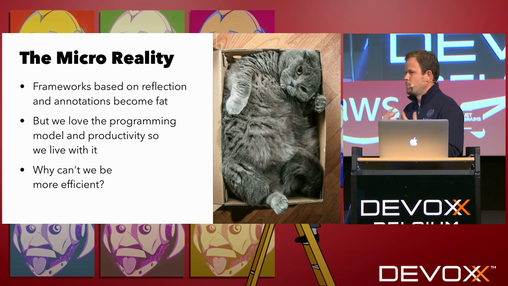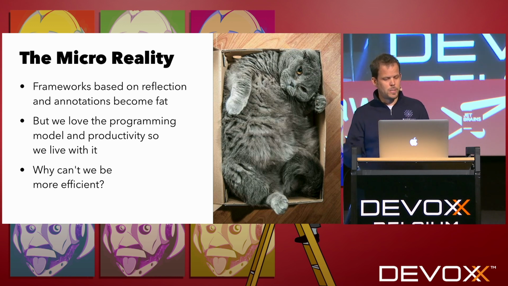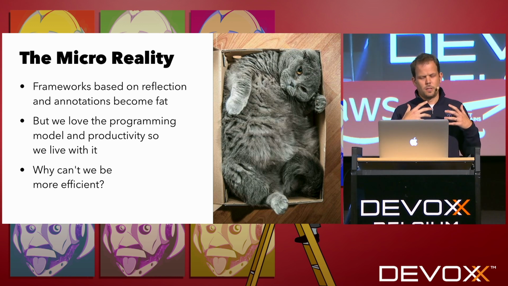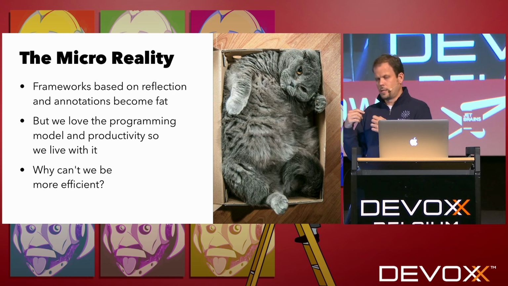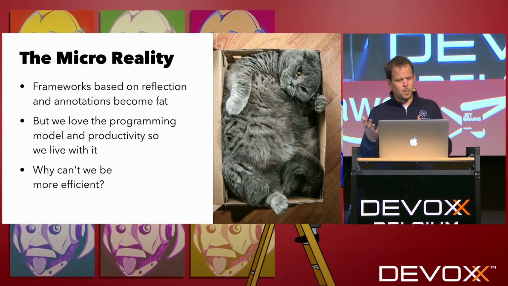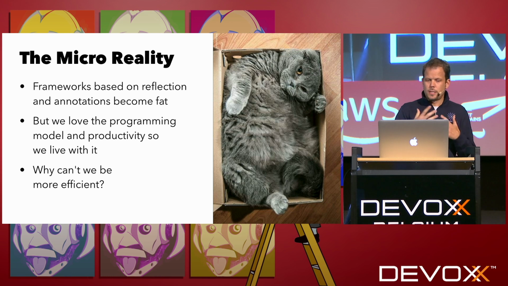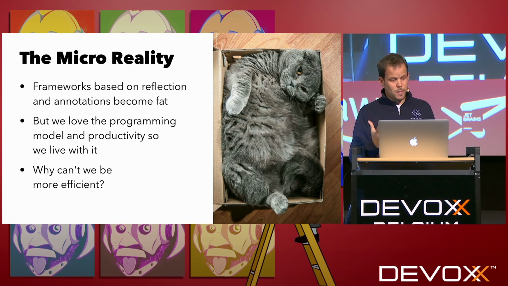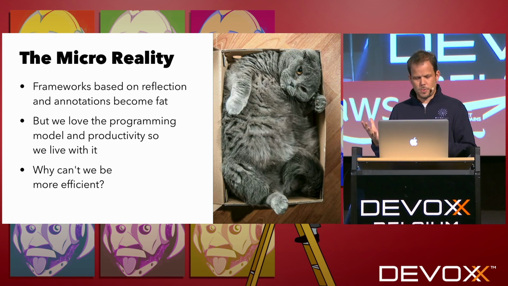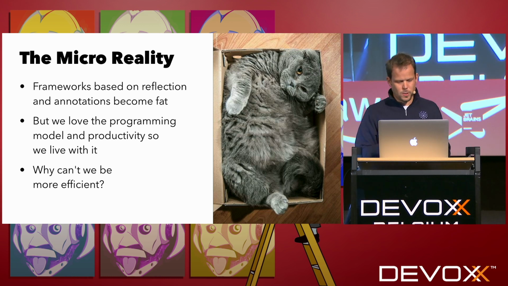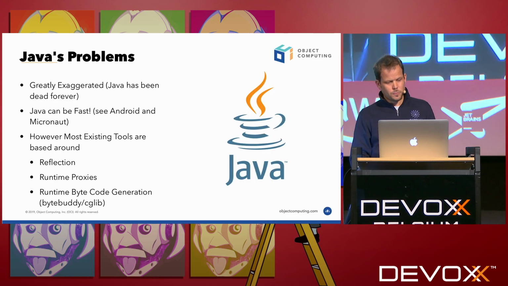The majority of Java developers out there love the Spring programming model, the Jakarta EE programming model, and they love the way that works. They're just not enamored with the amount of memory consumption that results, or weren't at the time when we started building Micronaut. And the question we asked ourselves is, why can't we be more efficient?